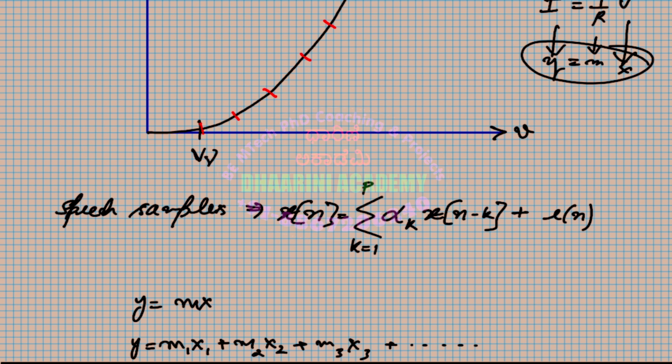It introduces an error, because the actual curve is not a straight line. The actual curve is something which we don't know, but I try to make an approximation. Because of that approximation, I have this issue. So that's why there is an error term coming into the picture.